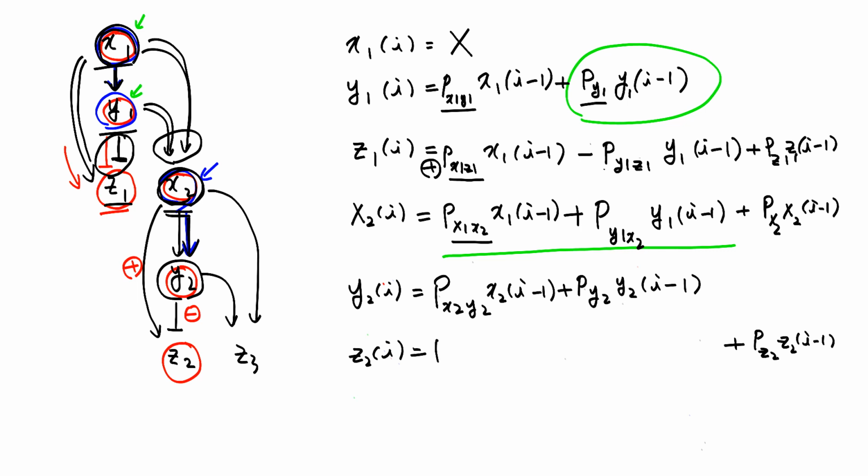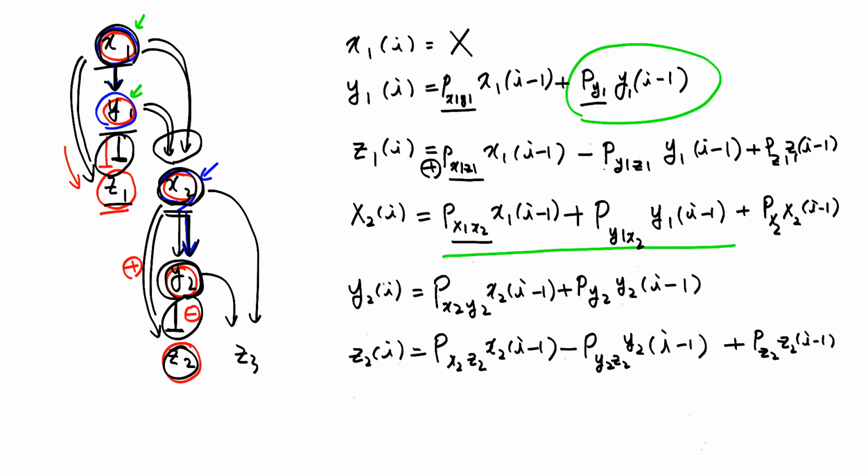So we have p x2 z2, and we have x2 i minus 1. And this one is inhibition, so we put a negative sign here, and p y2 z2. This inhibition goes from y2 to z2, so it's p y2 z2, and here we have y2 i minus 1.